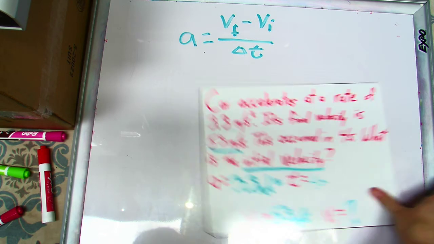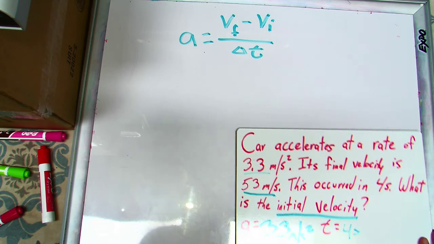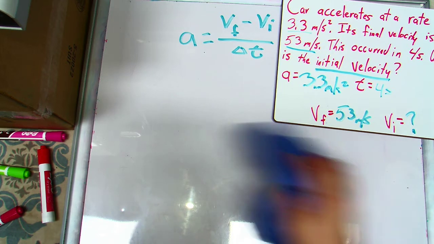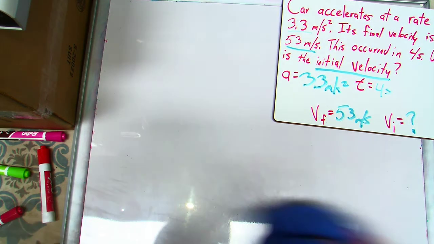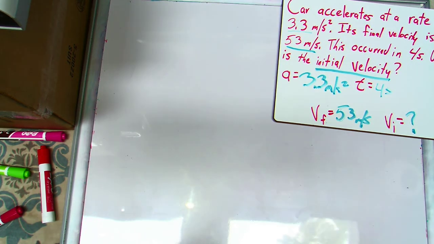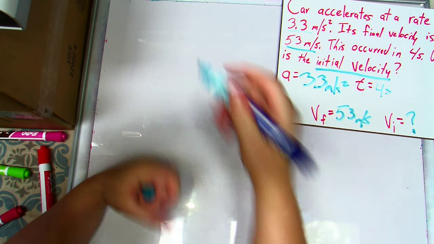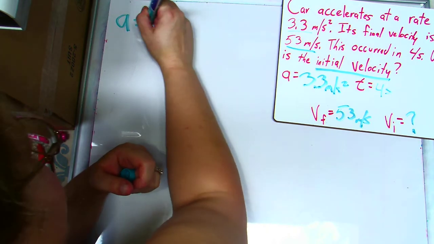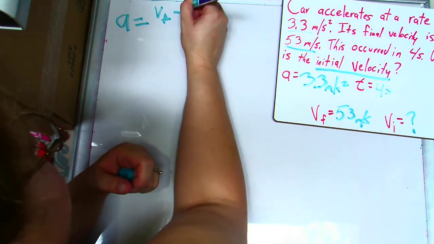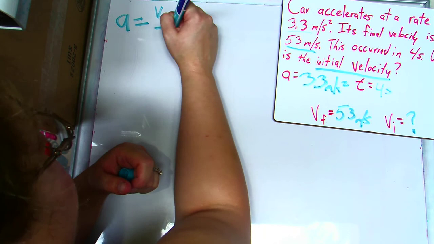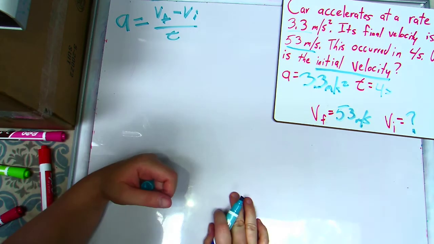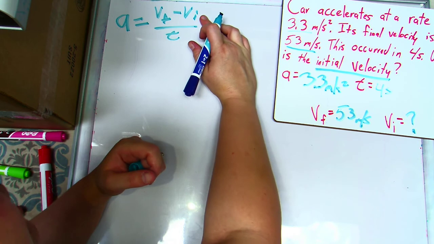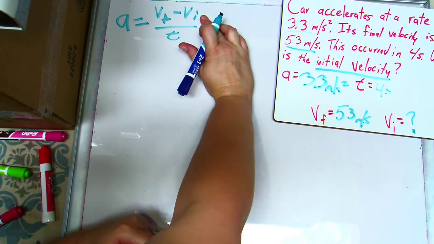So I'm going to put this up and to the side, so we don't forget about it. Alright, so we have acceleration equals final minus the initial over time. But this time I want to solve for VI. So that means that I have to rearrange it.